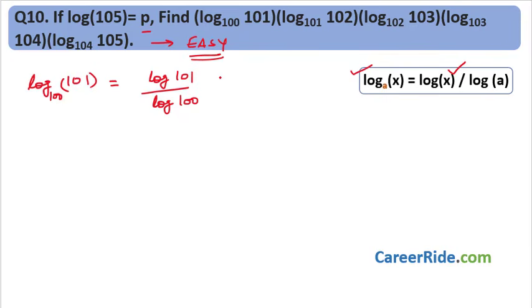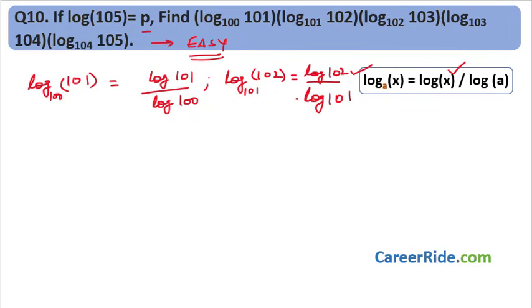I can write it like this, right? Similarly, I can write log 102 to the base 101 as log 102 upon log 101. I can do this, right?